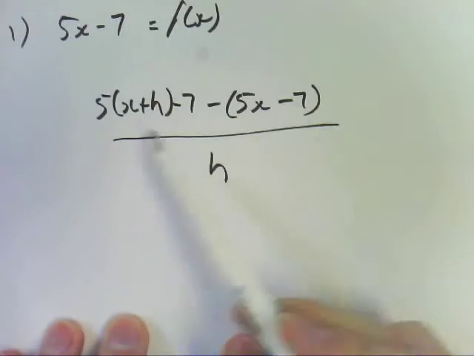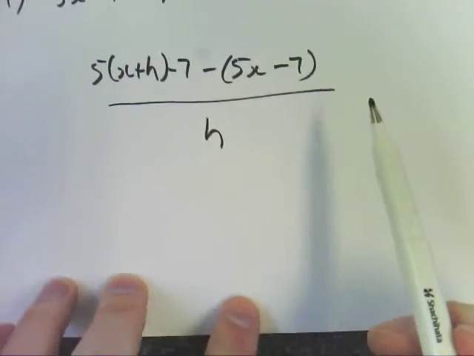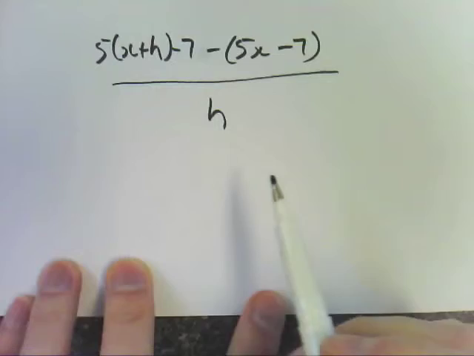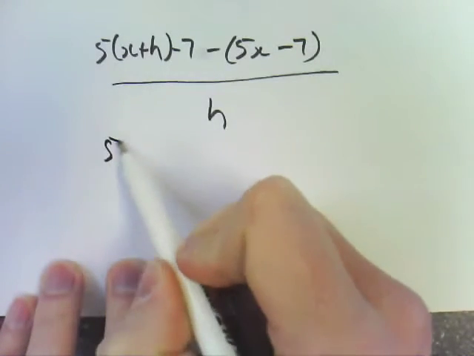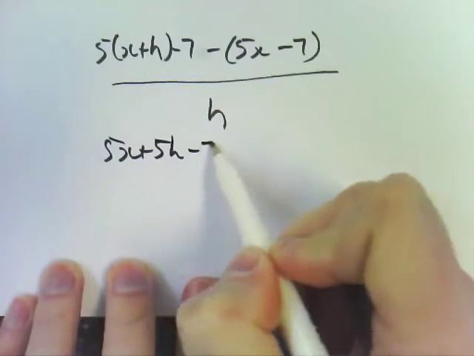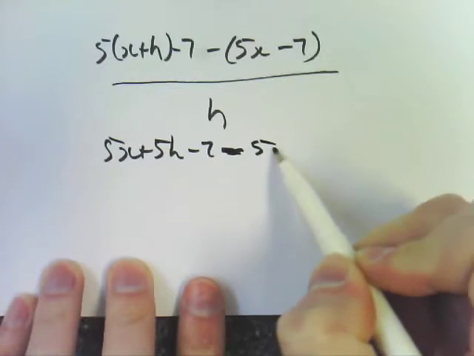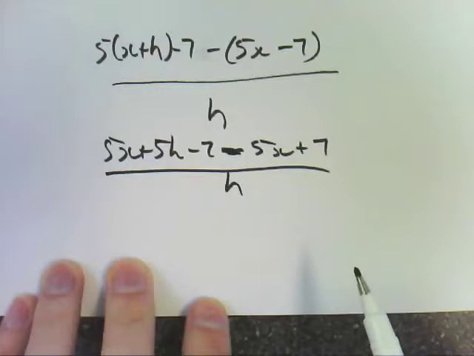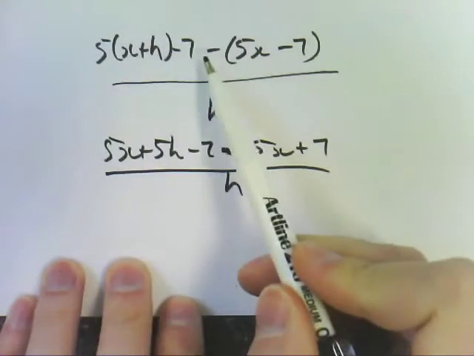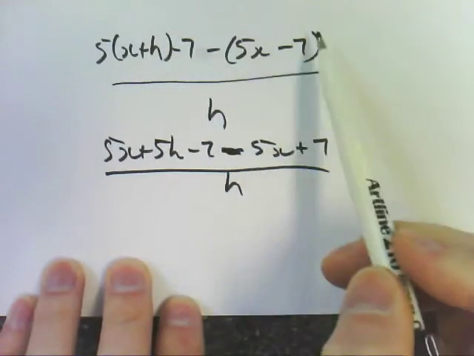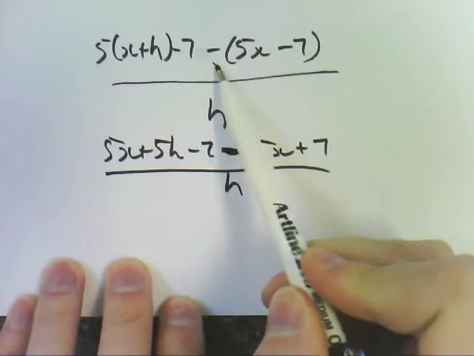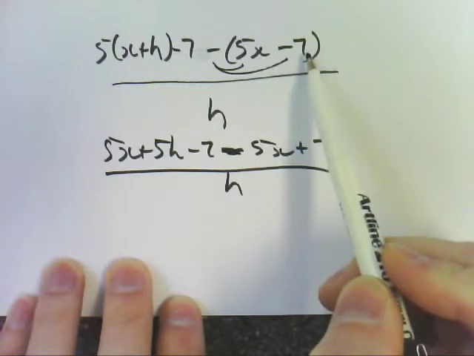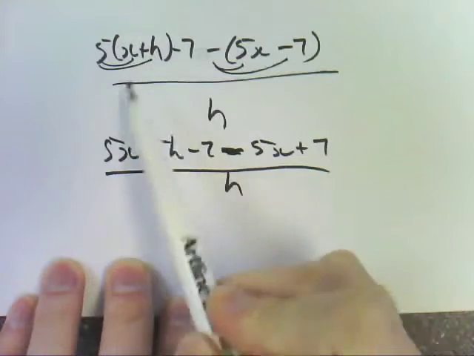Now we expand and mess around and simplify. This normally takes about half a page. So 5x plus 5h minus 7 minus 5x plus 7 divided by h. So I expanded my brackets and I also got rid of the brackets here. So I've done minus 5x and that becomes plus 7. 5 times x, 5 times h.